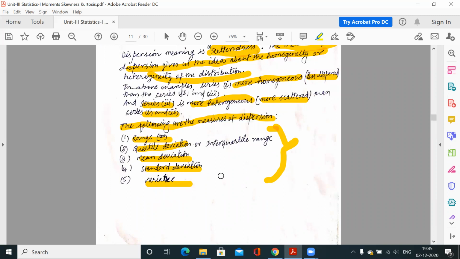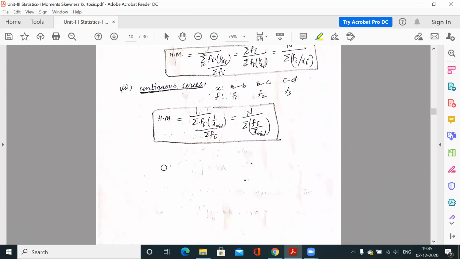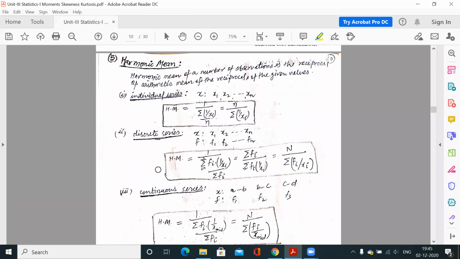So the examiner will ask you whether you have to calculate mean deviation or standard deviation or variance of the data. According to that, you have to select the formula. For the measure of central tendency, I have already told you the different formulas.